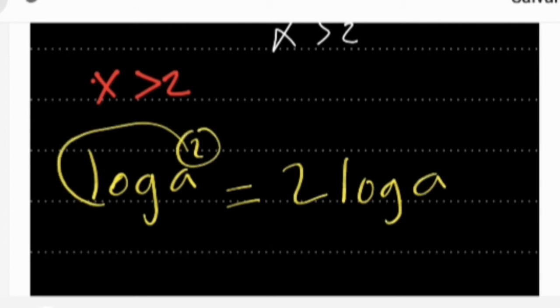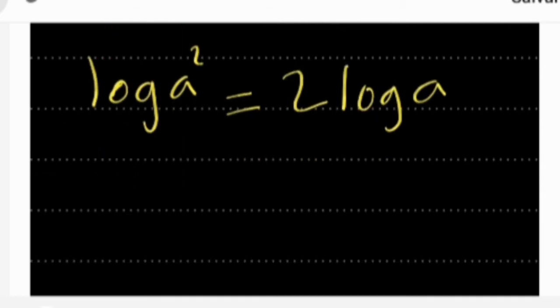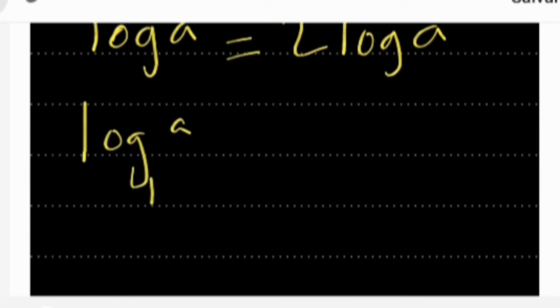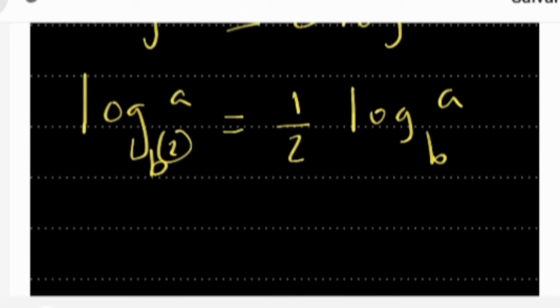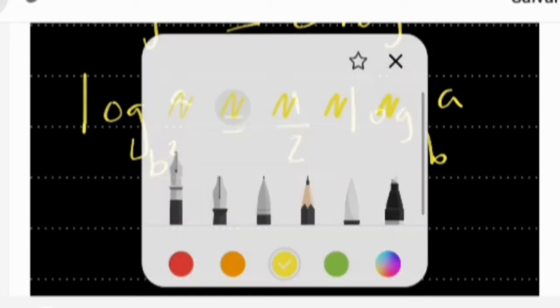This 2 goes down here. I think many might remember this. But the second thing is, if we had log of a in base b squared, this is equal to 1 divided by 2 times log of a in base b. So when the 2 was in the exponent of the argument, it just falls down, but when the 2 was in the base, it goes down as a divisor. You need to remember these.